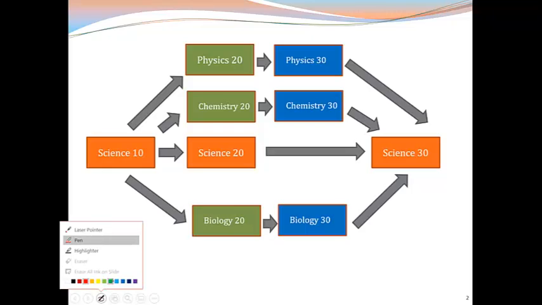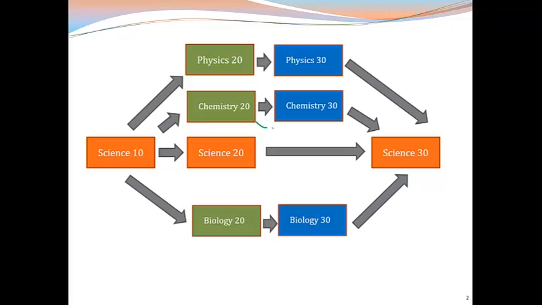So for that student, that student hasn't taken any physics or biology since Science 10. So for a student like that, the physics unit and the bio unit might be really complex.